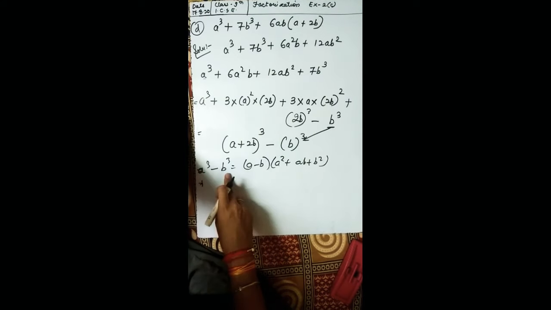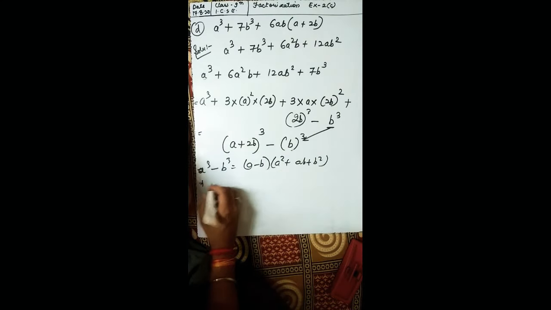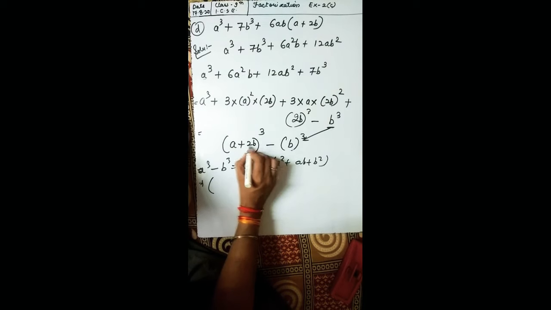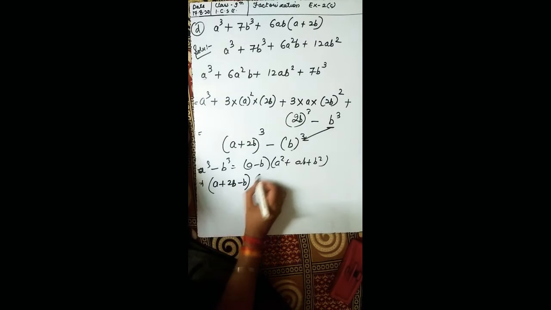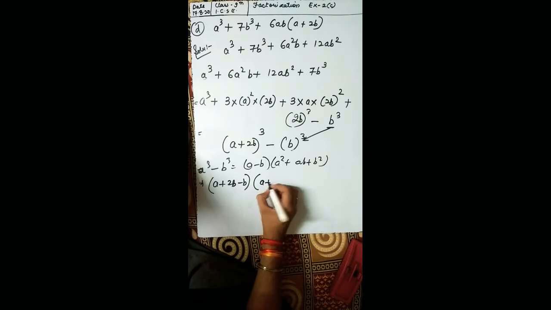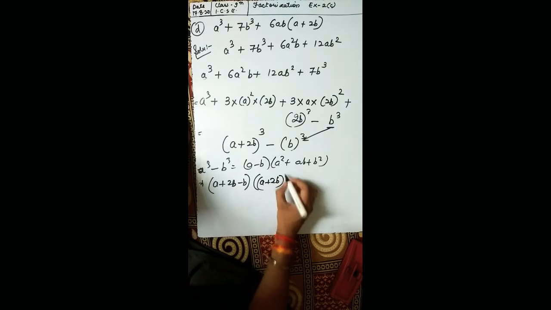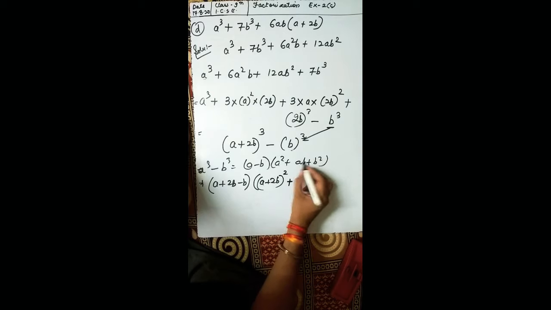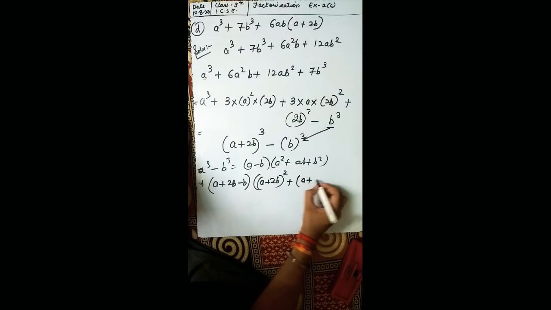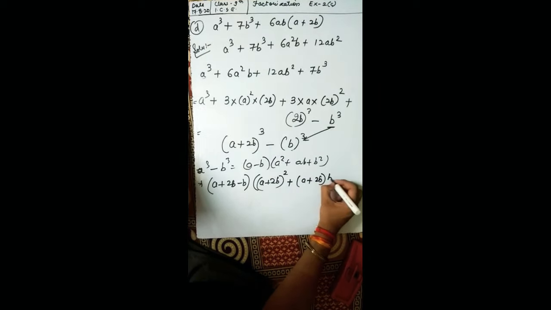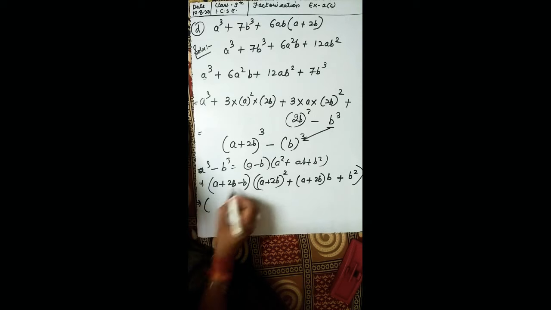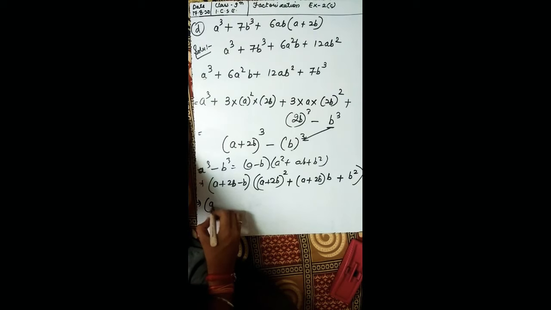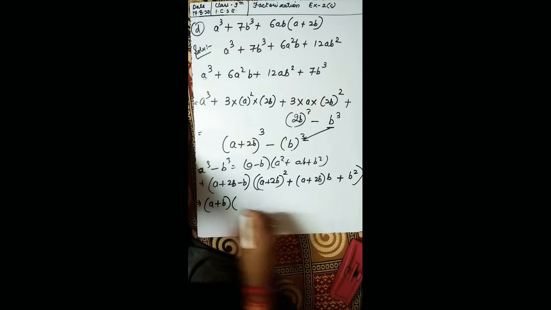See, a cube minus b cube identity we have to apply. So this is our a and this is our b, so a minus b, then bracket a square, that is (a plus 2b) the whole square, plus ab, that is (a plus 2b) times b, plus b square, which will be b square only. Now 2b minus b will give you b, so a minus a plus b.